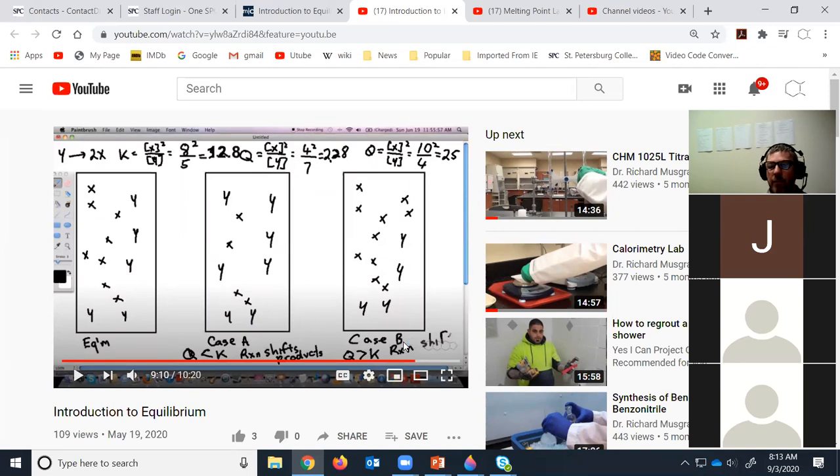So just double checking: if Q is less than K, then it'll shift to the products. And if Q is greater than K, it'll shift to the reactants. Yeah, that's right.